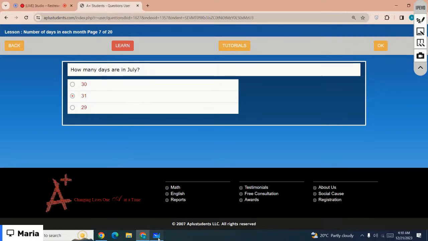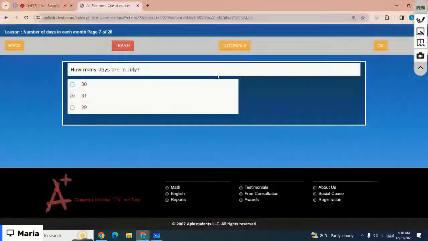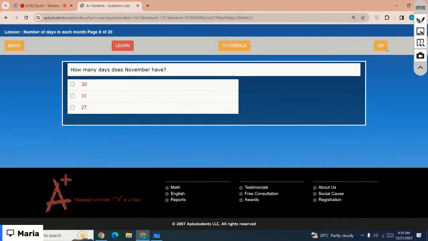July has 31 days. Here is July. The correct option is 31. How many days does November have? November has 30 days because December has 31. Got it?